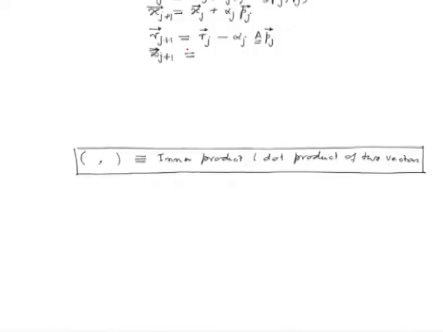So Zj plus 1 has to be obtained by solving our preconditioning system. We would represent it symbolically as M inverse Rj plus 1. Okay. So this is the effect of the preconditioner.